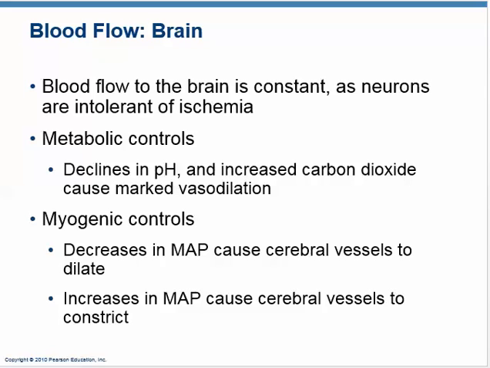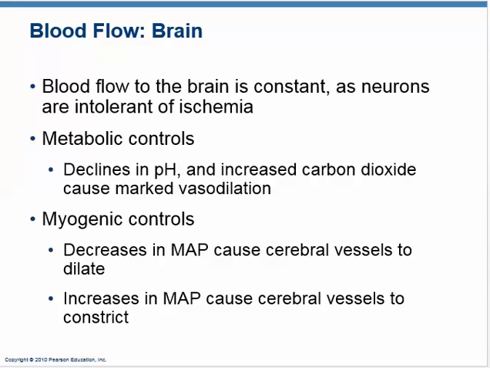Blood flow to the brain is constant. So it really is both metabolic and myogenic controls. We use the myogenic controls mostly as safeguards. We use it so that the blood vessels don't rupture, so that changes in blood pressure really don't affect the brain in a physical way.